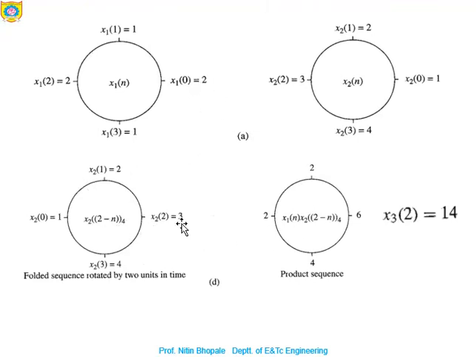Again multiply it here, so 2 into 3, that is 6, 1 into 2, that is 2, 2 into 1, that is 2, 1 into 4, that is 4. So add this and it will give us the value which is desired, and that is nothing but 14. So 2 plus 6, that's 8, 8 plus 4, 12, 12 plus 2, 14. So this is how the x3 of 2 will be calculated.